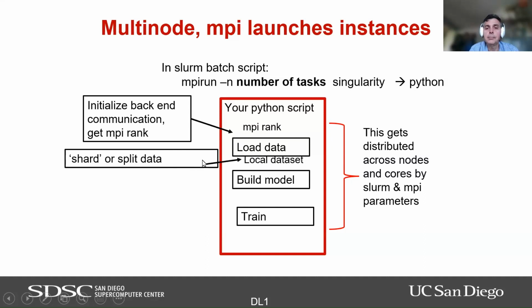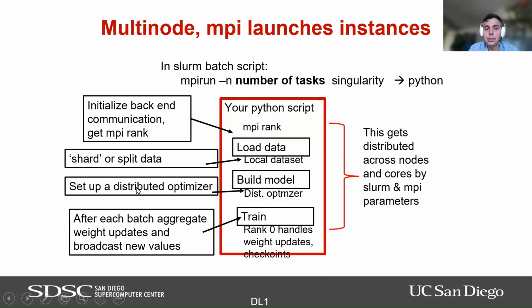Then, after you load the data, you're going to do some sharding or splitting, or maybe you have procedures to load the data so it's already split up. You could do that with rank information, with the TensorFlow dataset module, or with NumPy if you have the data set up the right way.